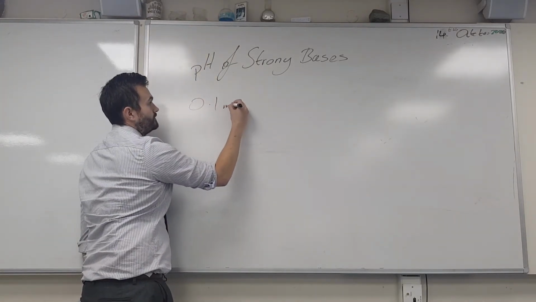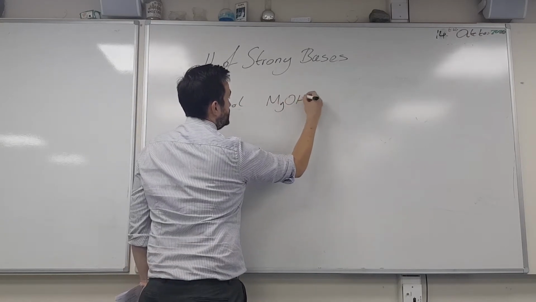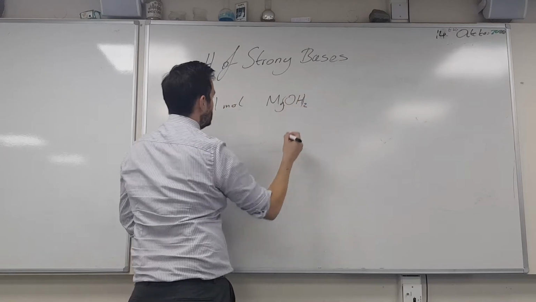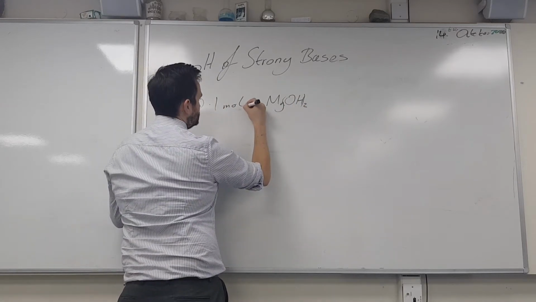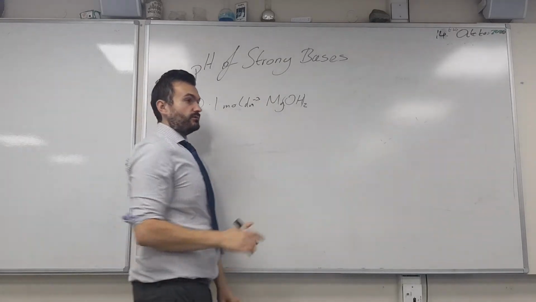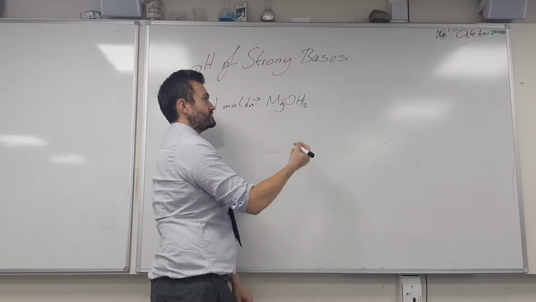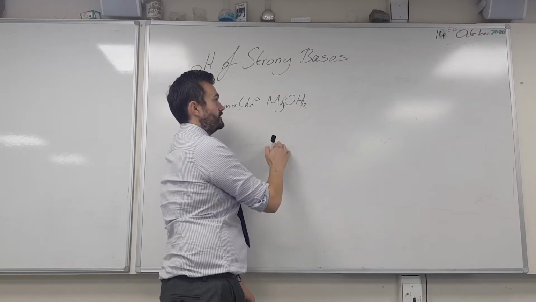So if we were to have 0.1 mole, let's say Mg(OH)2, we'll get 1 mole per dm^3. So we've got a concentration of our base, and we now want a concentration of our hydroxide ions.